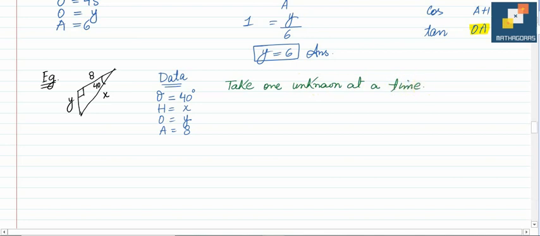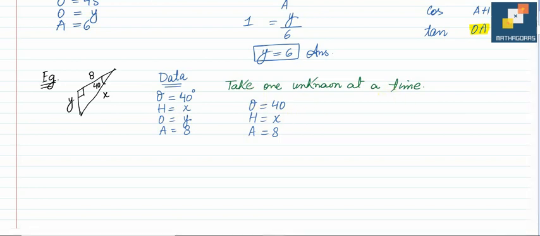So you need to consider only one unknown at a time. So if I rewrite the data, it will be theta 40, hypotenuse x, and adjacent is equals to 8. Now if I pick one unknown, hypotenuse, I need to avoid the other unknown. First I will find x. With the help of x I can find y. So that is a short technique to find two unknowns in one question, right? So take one unknown at a time.